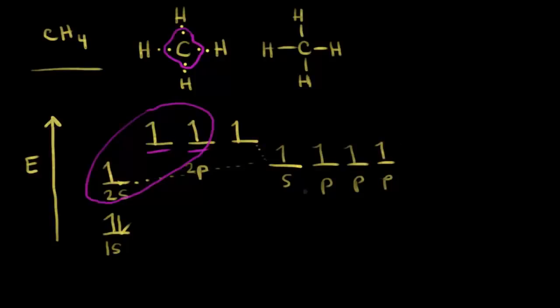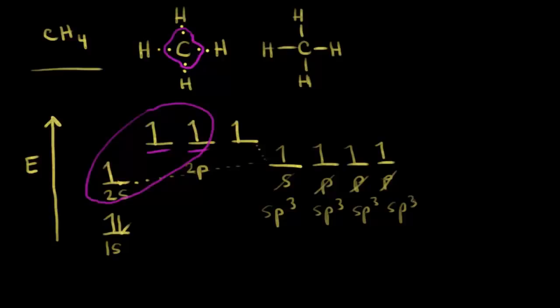So this is no longer going to be an s orbital. It's going to be an sp3 hybrid orbital. This is no longer going to be a p orbital. It's going to be an sp3 hybrid orbital. And same with these. So the idea is you're taking some of the s character and some of the p character, and you're hybridizing them together into brand new orbitals.